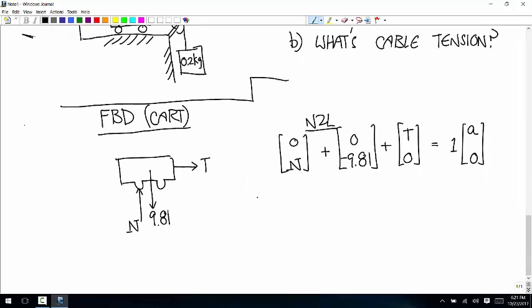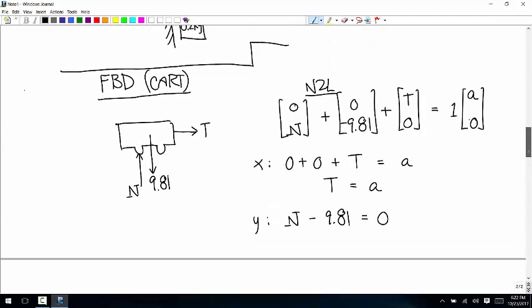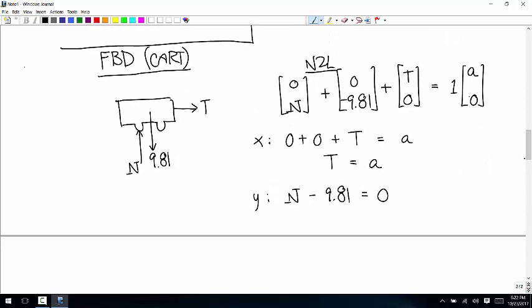Okay, so we have two equations. The x equation says 0 plus 0 plus T is equal to A. So I'll just write that as T equals A. And the y equation says N minus 9.81 is equal to 0. From the y equation, you can see right away that N is equal to 9.81.